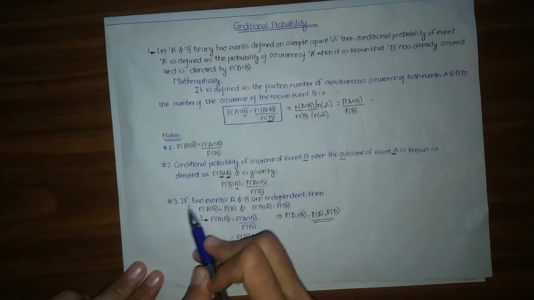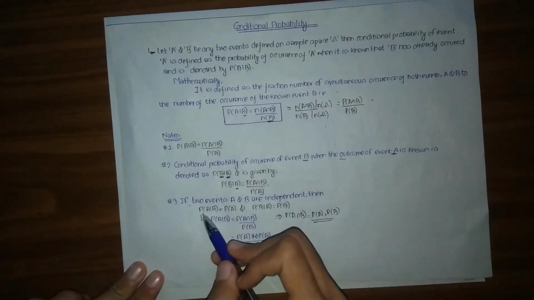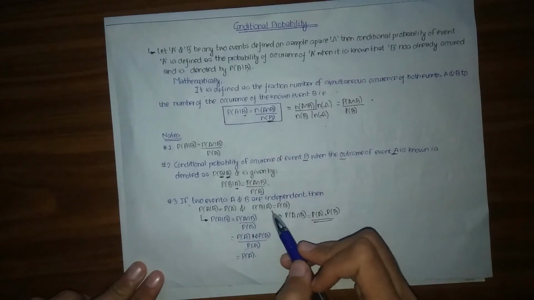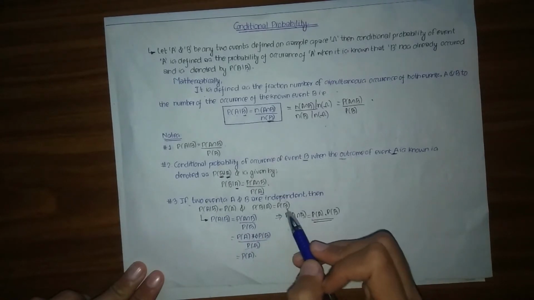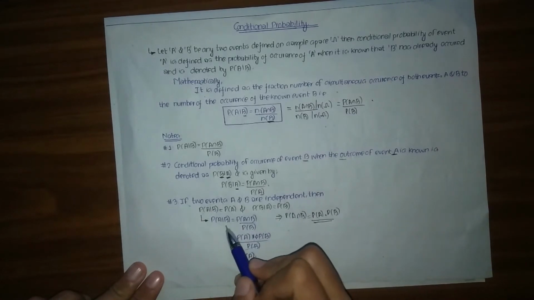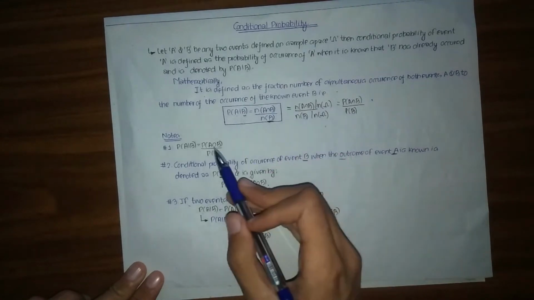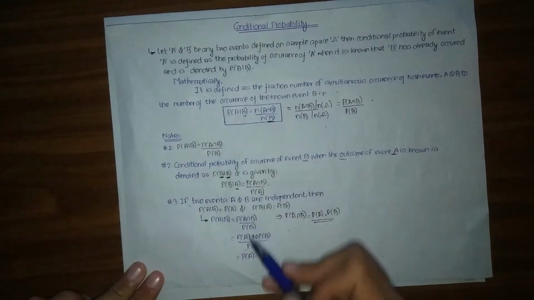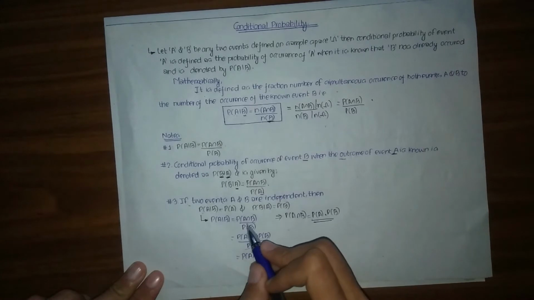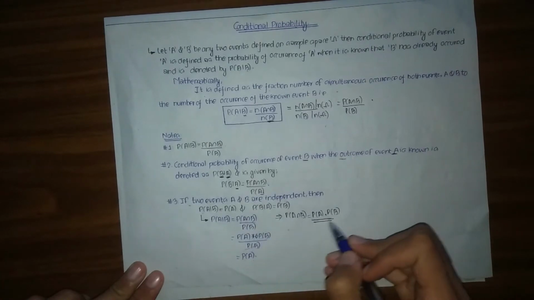Now for our third node, if two events A and B are independent, then P(A|B) equals P(A), and P(B|A) equals P(B). Now for the proof: P(A|B) equals P(A ∩ B) divided by P(B), from node 1, and P(A ∩ B) equals P(A) into P(B).